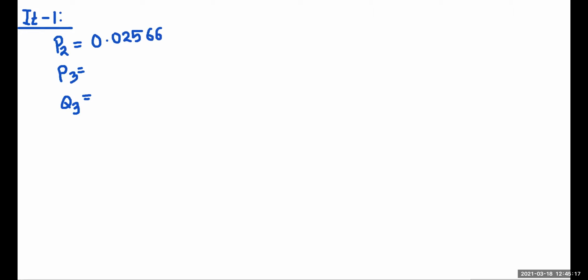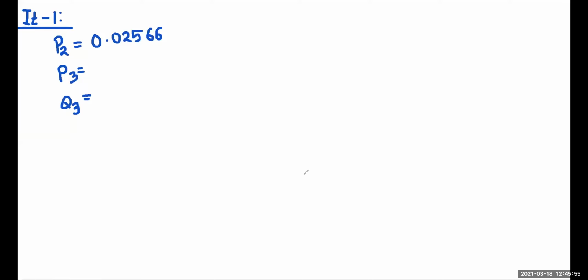Now the P3. 16.602 into V3, V3 is 1, cos(108.4349 minus delta 3), delta 3 is 0, plus 5.4286 into V3 is 1, cos(108.4349 minus delta 3 plus delta 2) plus 6.6667 into V3, that means 1 square.